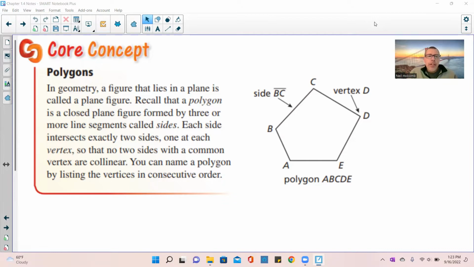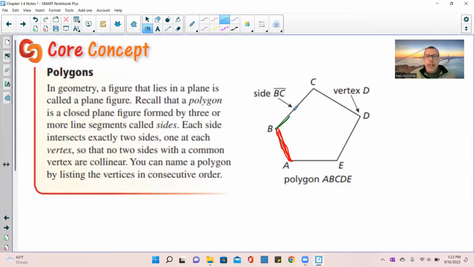Each side intersects exactly 2 sides. So let me explain that with pens here. If I chose the side AB right here, that side intersects exactly 2 sides.